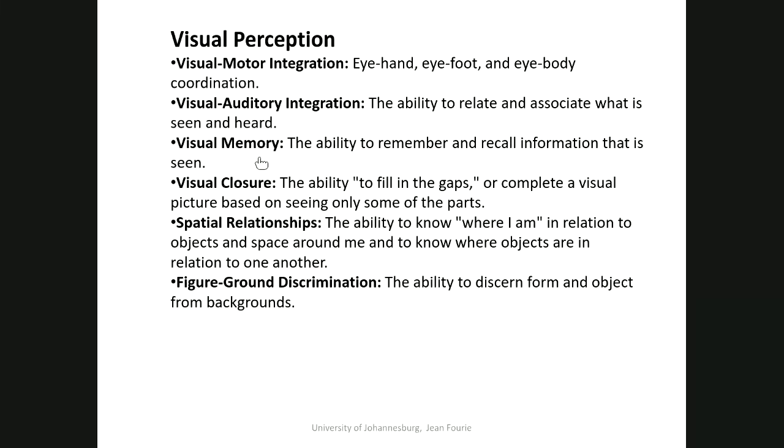People speak about visual motor integration. So this is that ability to put together the things that you see with the movements that you have to do. And teachers will speak about eye-hand coordination.